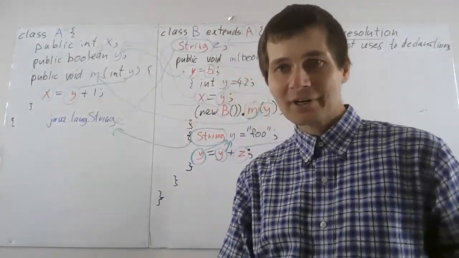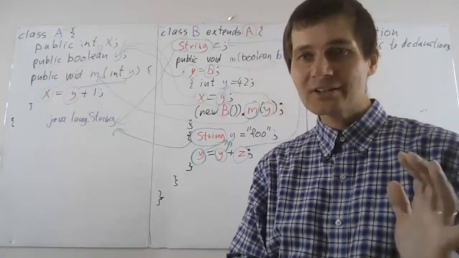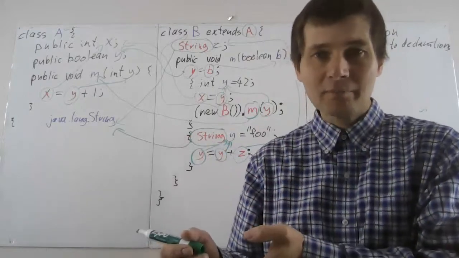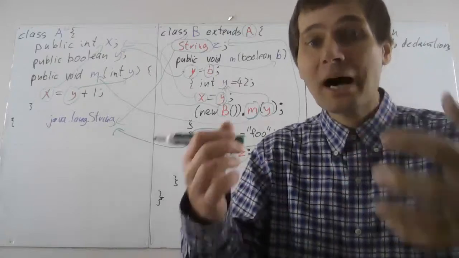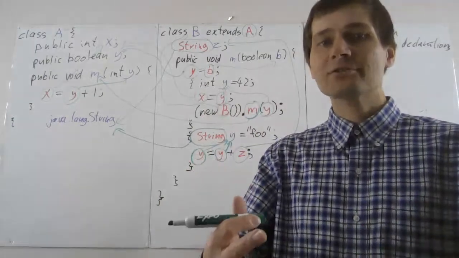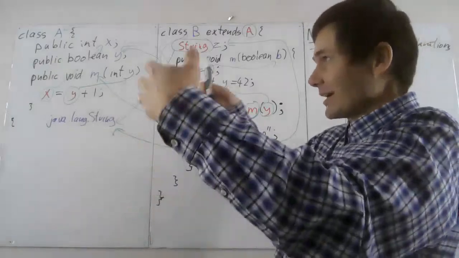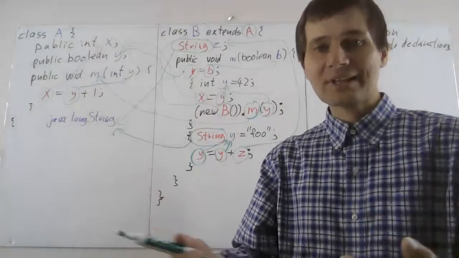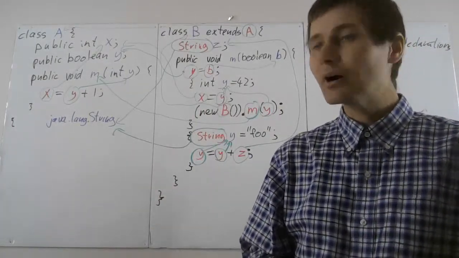Okay, and I've got a good question from Yashin. So the question is, does name resolution work at runtime or at compile time? So in this case, I'm talking about compile time name resolution. So what the compiler is going to have to do to figure out, when it sees a string, like X or Y or B, what concept that name actually refers to.